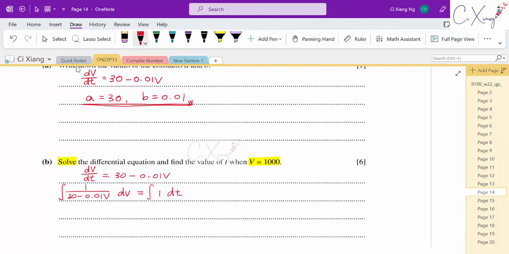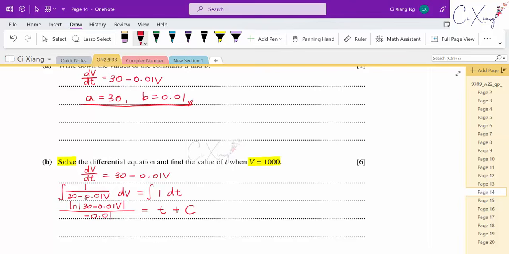For the fraction on the left, if we integrate 1 over 30 minus 0.01V, we get ln of 30 minus 0.01V, and then I need to divide by the differentiation of 30 minus 0.01V, which is negative 0.01. Integrating 1 gives t, and I group all the constants on the right hand side, which is a plus c here.